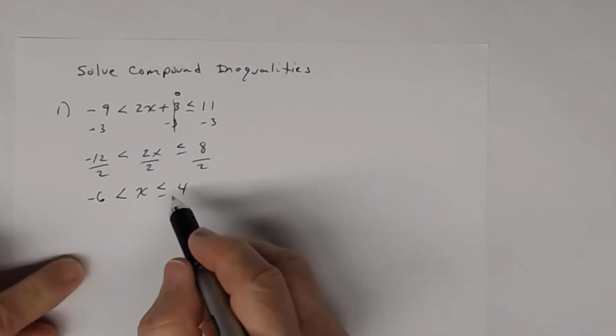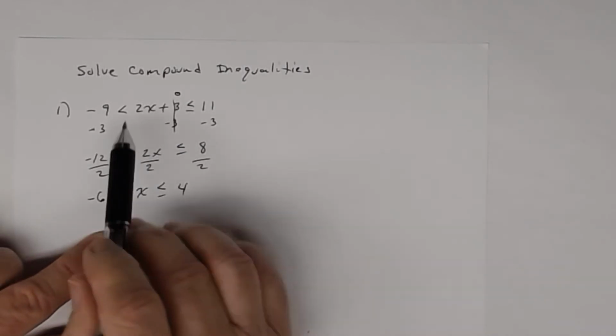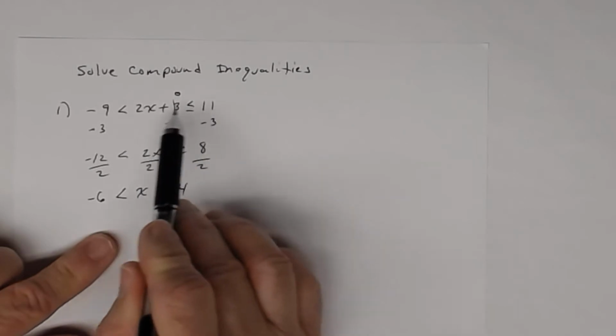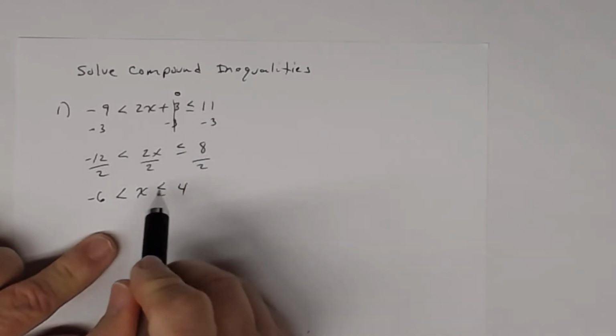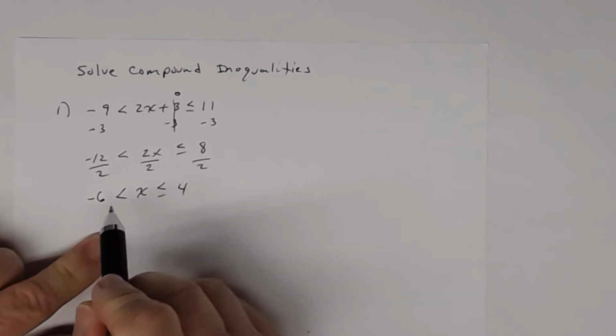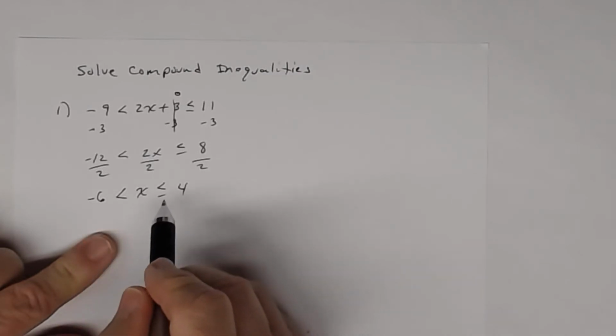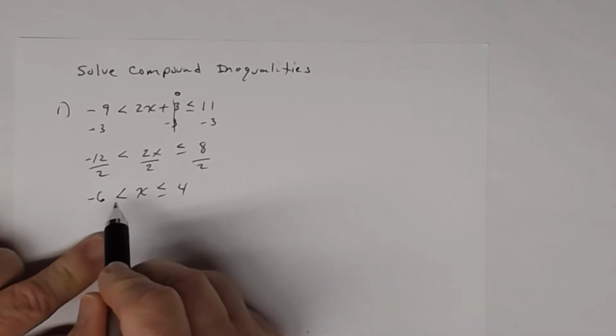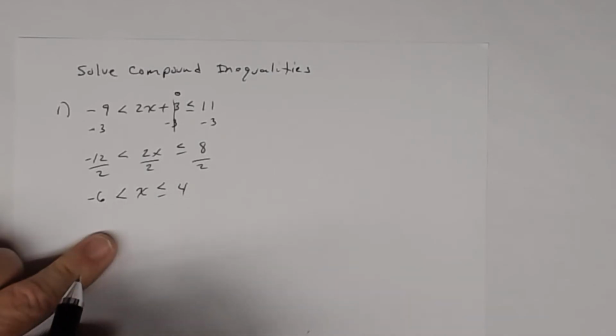All right, so that is your solution. So the solution to the original inequality would be any real number, whether it's rational or irrational, that's between -6 and 4, including 4 because of the equal sign, but not including -6 because there's no equal sign.